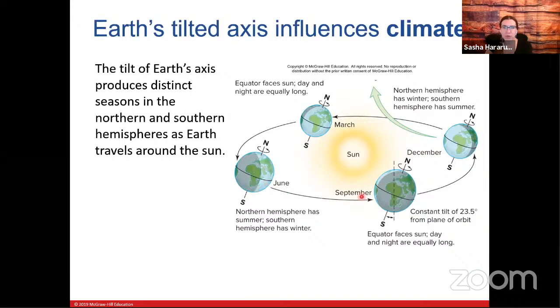Whenever Earth rotates around the sun, because of the tilt, sometimes the southern portion gets more sunlight than the northern portion, and sometimes the northern portion of the globe gets more sunlight compared to the southern portion. So whenever sunlight hits the northern portion more directly, we get summer in the northern hemisphere. In Florida, you cannot feel it as much, but as you move closer to the North Pole, you feel the effects of it.